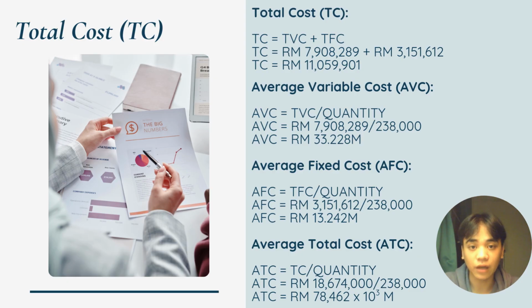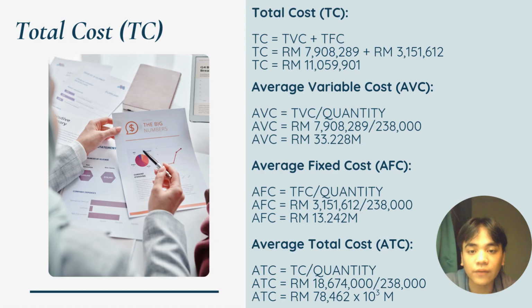These slides explain our total and average cost. Total cost is the sum of the total variable cost and total fixed cost, with a TVC of 7,908,289 ringgit and a TFC of 3,151,612 ringgit. The total cost is 11,059,901 ringgit.